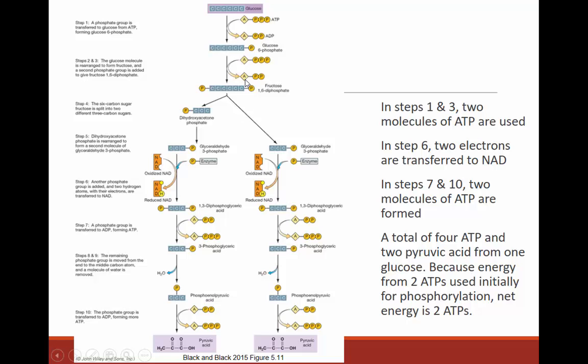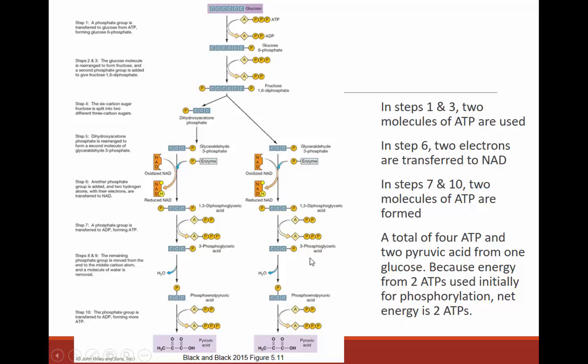Okay? So you've got the input of energy into the system. Then in step 6, you've got 2 electrons being transferred. Remember that transfer of electrons? Yep. And in step 7 and 10, you've got 2 more molecules of ATP being formed.